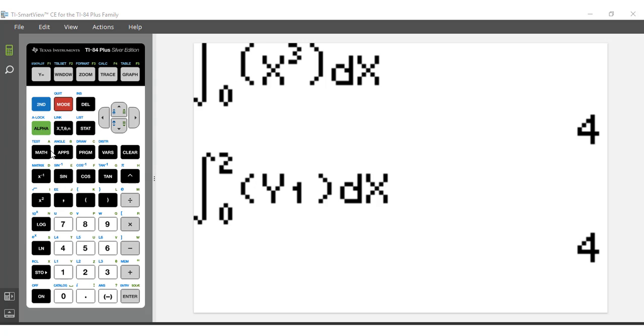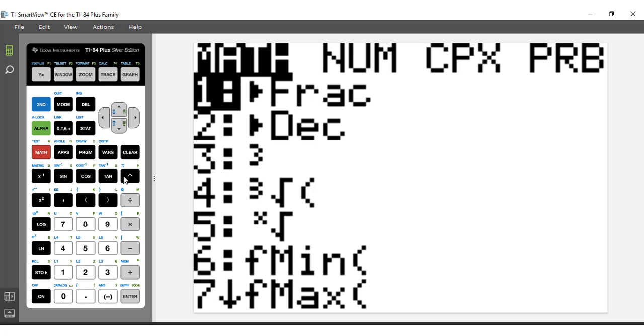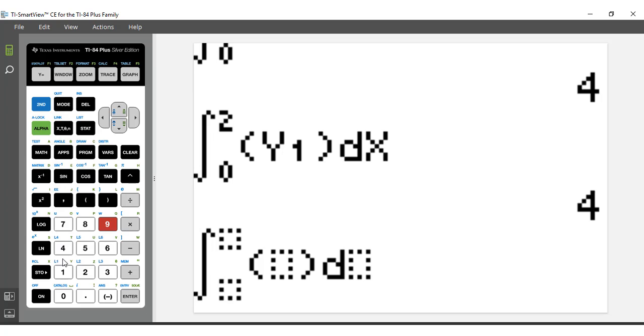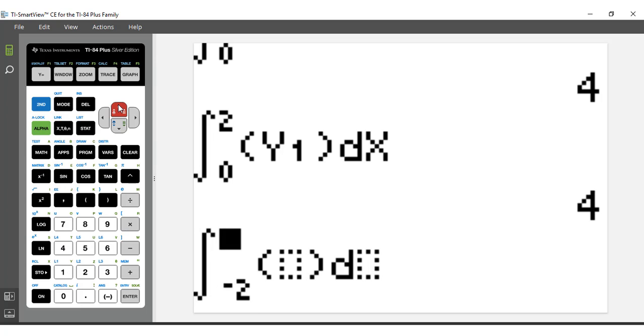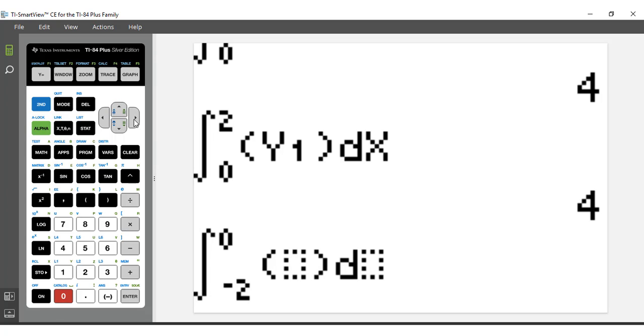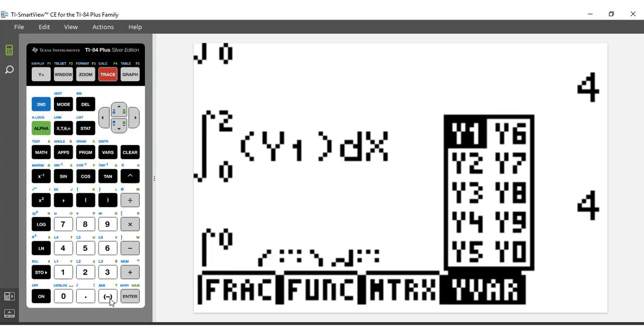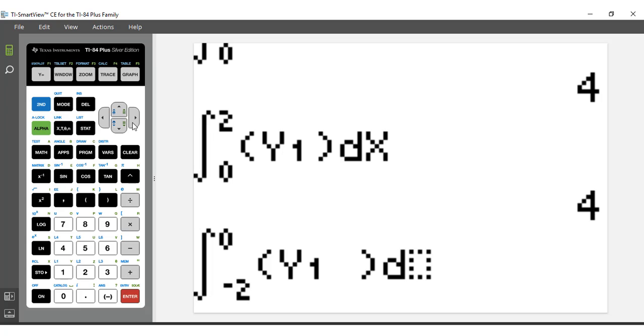Let's explore another definite integral, Math 9. We do from -2 to 0. Then it's still y1, so alpha trace y1.